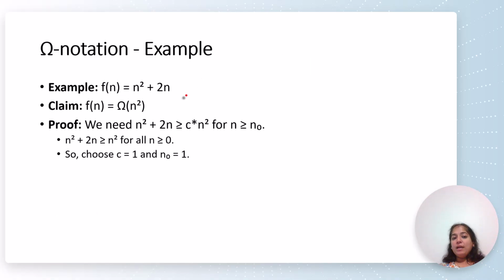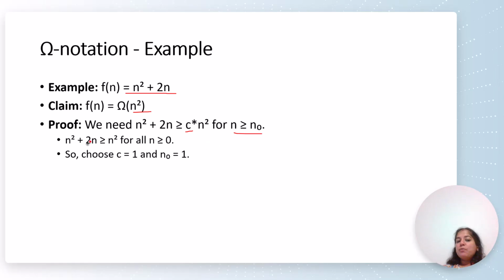If we see the omega notation, which gives us a lower bound, let's say the equation is f(n) equals n square plus 2n and we claim that n square is a lower bound. That means we need to find the value of constants C and n naught such that n square plus 2n is greater than or equal to C times n square for n greater than or equal to n naught.